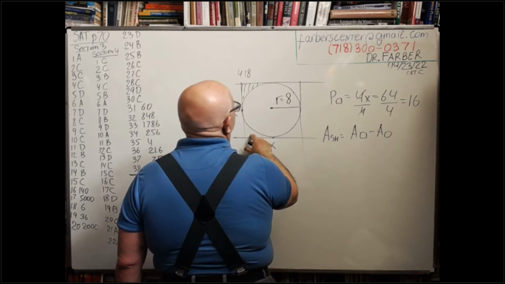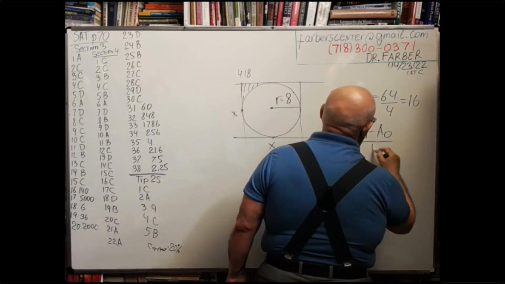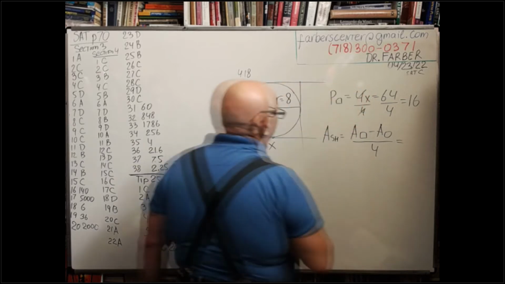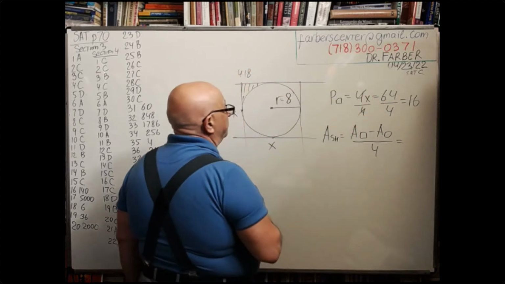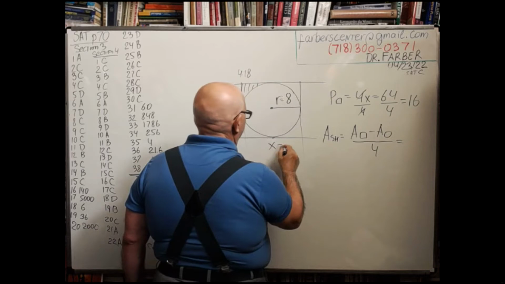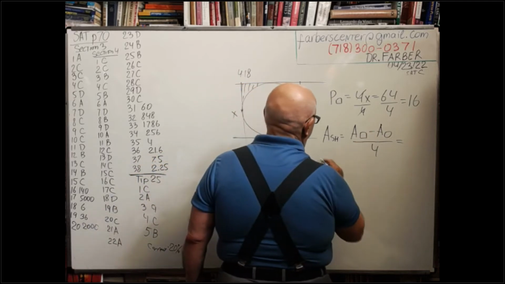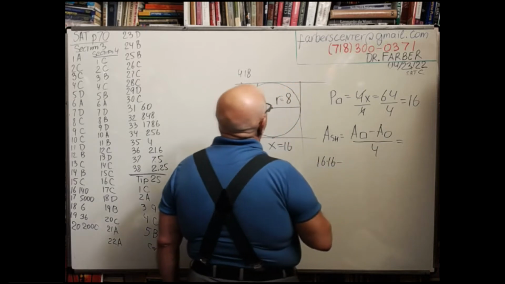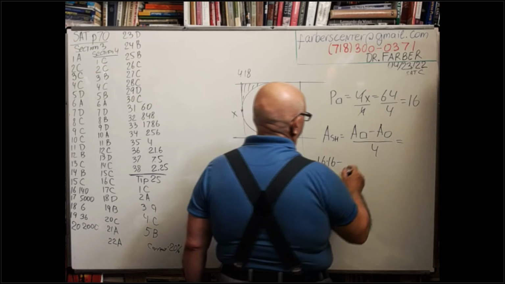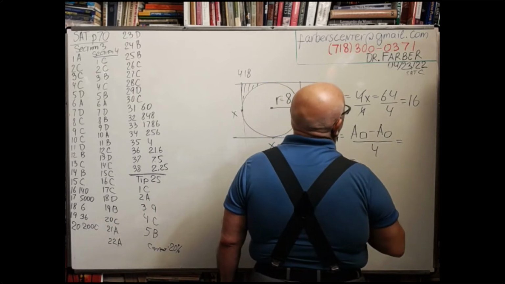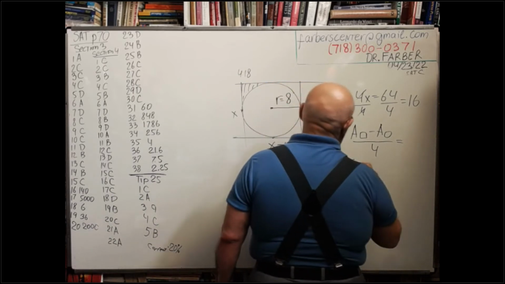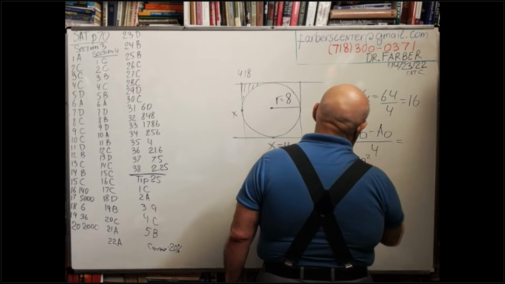Okay, and divide by 4 to get one. Or the area of the square. Since x equals 16, it equals 16 times 16 minus pi times 8 to the second over 4.